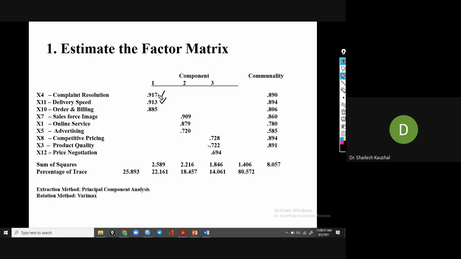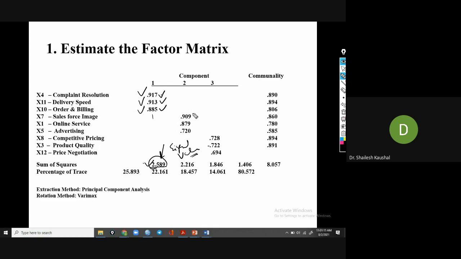So when we take the square of this factor loading, and this, and this, and add all the factor loadings, then we get this value 2.589, and this is our eigenvalue. Okay, so how will we get the eigenvalue? Square of this, square of this, square of this, and add all these variances, and then we obtain this value. It's an eigenvalue.